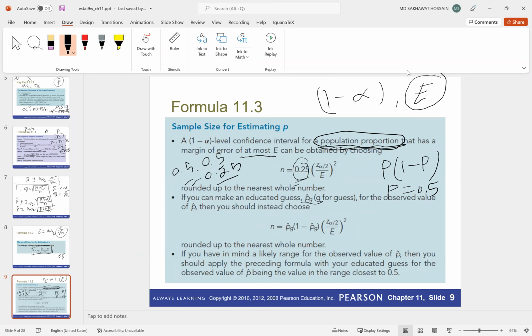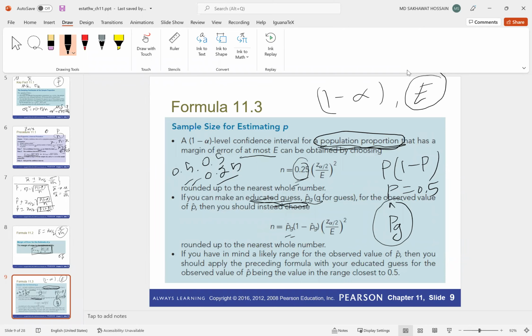In that case, instead of using 0.5, you will be using your educated guess. If you can approximately guess the proportion, then you will be using that value. This is called p hat subscript g, and this actually came from a guess. So this is your guess.